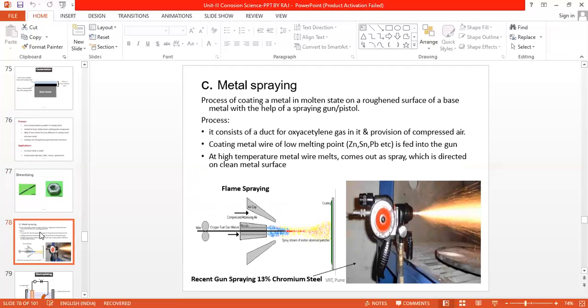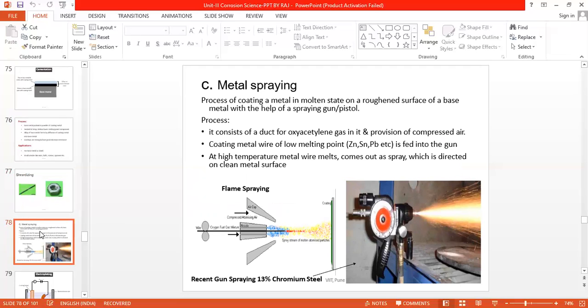Now, metal spraying. The process of coating a metal in molten state on a rough surface of a base metal with the help of a spraying gun or pistol is called metal spraying. The process consists of a duct for oxyacetylene gas, as shown in the diagram, and provision of compressed air.